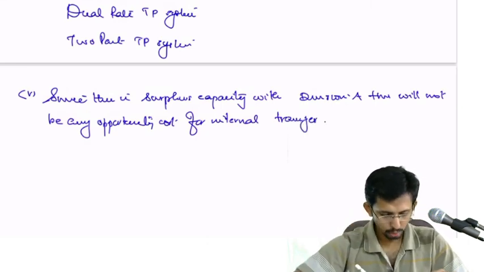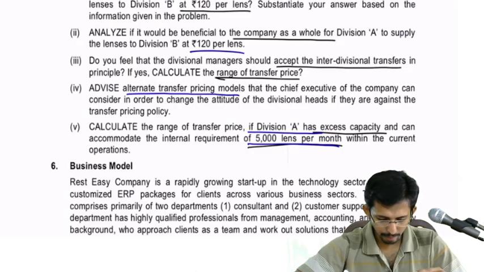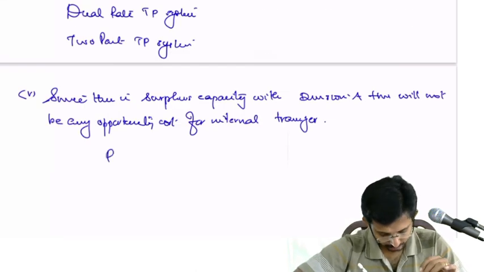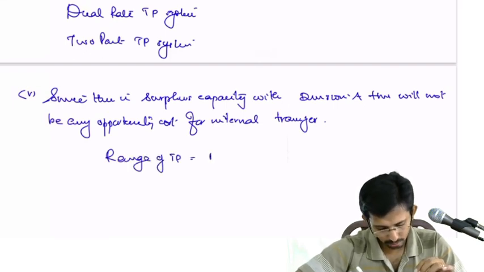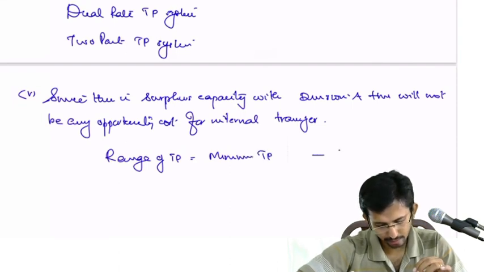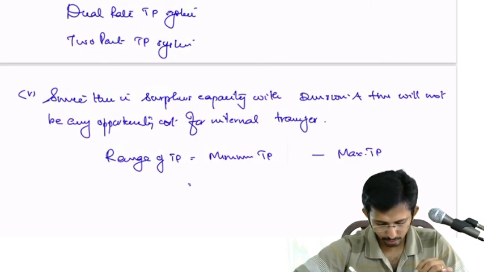So what you have to do here is compute the range of TP. Range of TP is equal to minimum TP to maximum TP.